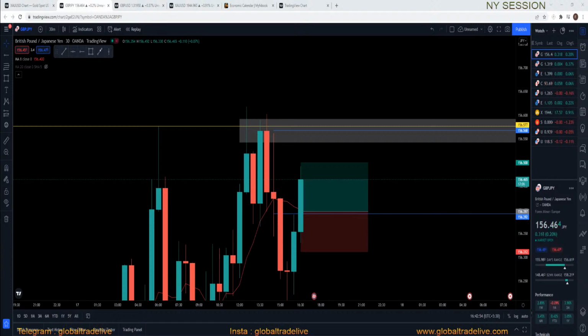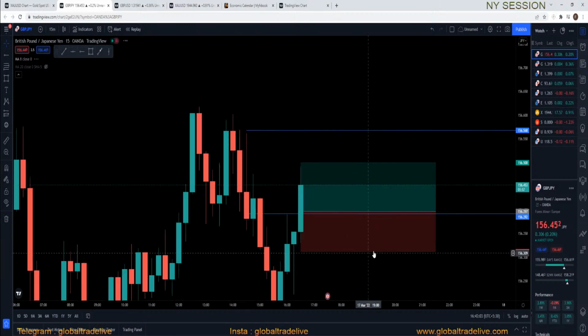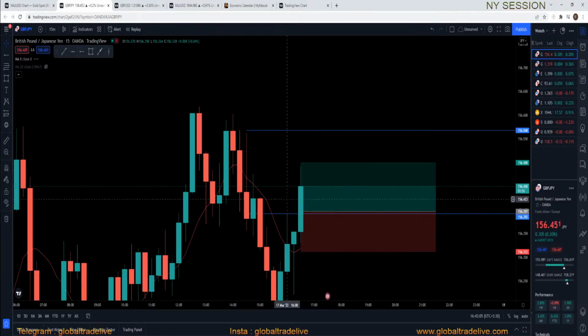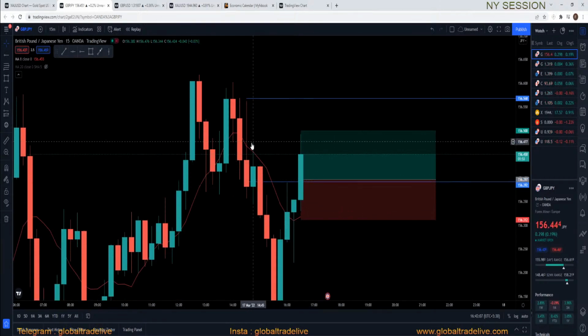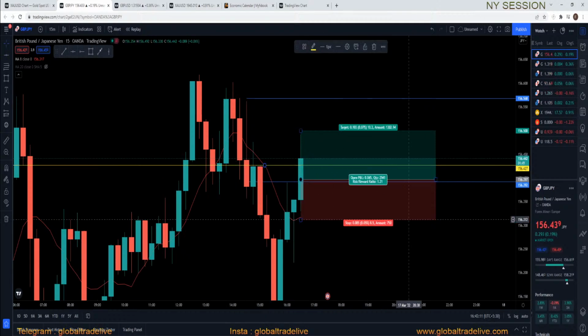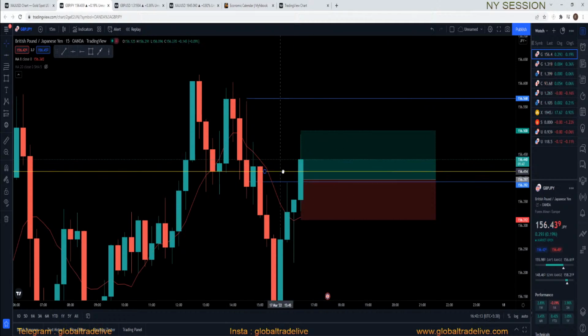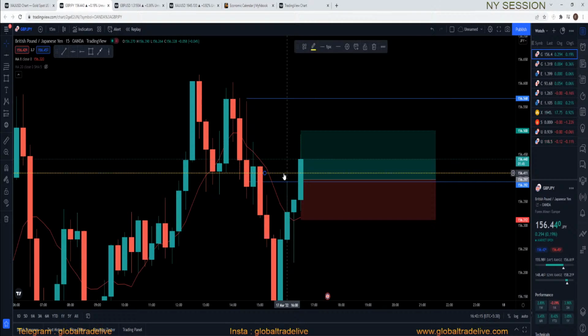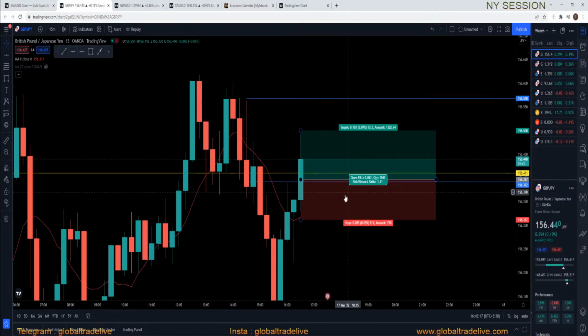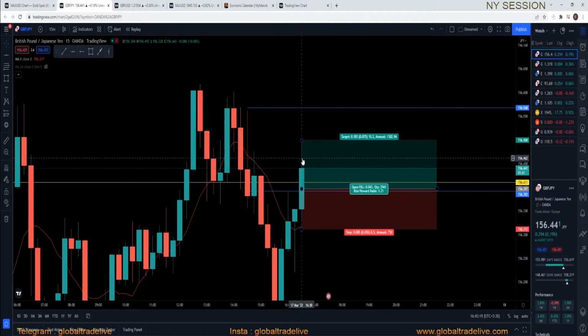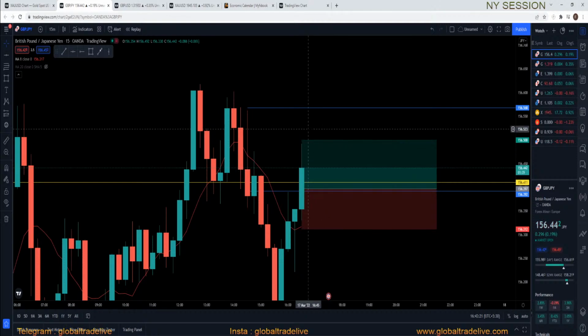So 15 minutes is about to close in 2 minutes. I think I'm gonna wait. The thing is, look, now the 15-minute is above this area, right? So if it closes above this area over here, then I can say that now the next 15-minute candle can move up.